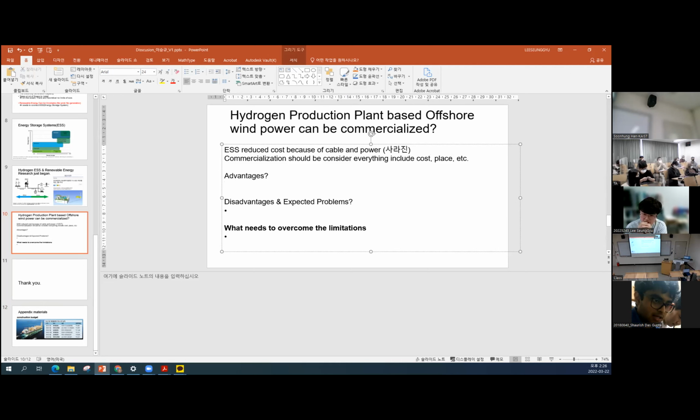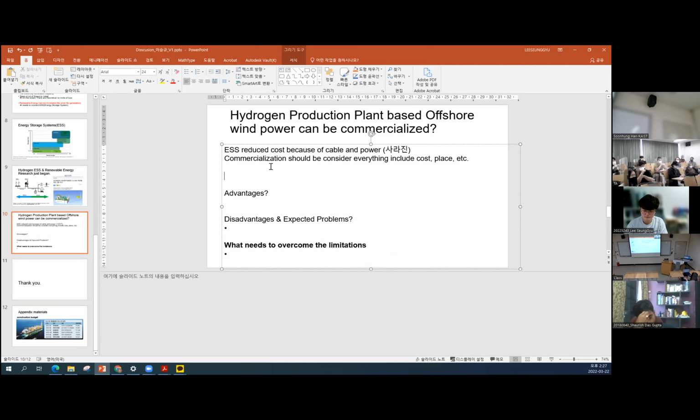Is there anybody who has an opinion? Oh, can I say, yeah, thank you. I think it can also be commercialized because a lot of investments need a large initial amount of money. But I read that wind power is mostly made onshore, while offshore we have higher wind speeds, and the wind is more consistent in offshore environments.